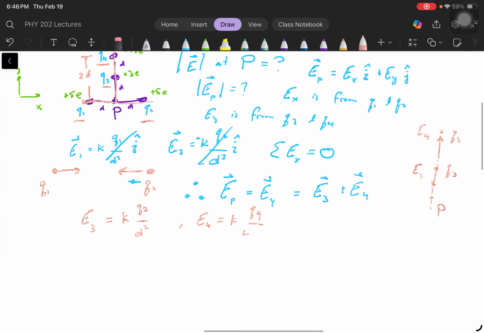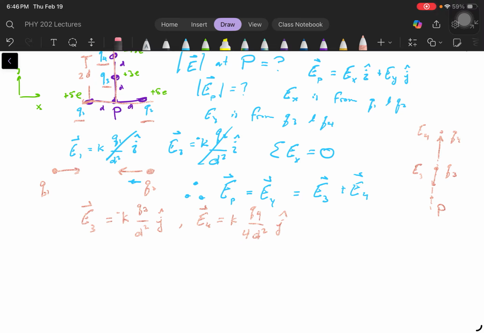And we square the 2, we get 4, and then D squared. Now let's go ahead and make these into vectors. So this j hat, it's pointing down, so this gets the negative sign, right? Little sneaky there. The electric field from the positive particle has the negative sign. And E4 will be pointing up, so all we have to do is add the j hat and the vector sign, and we're good to go.